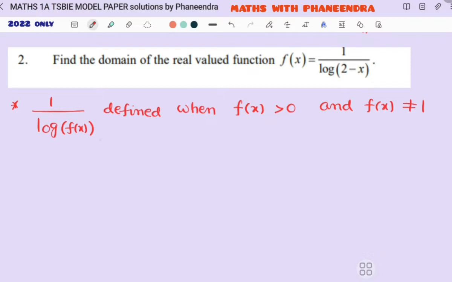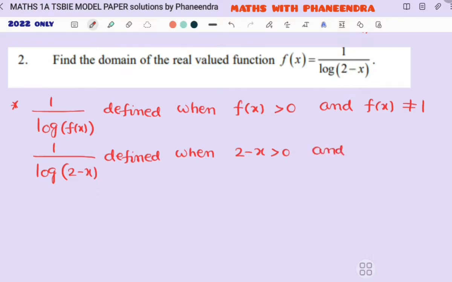Domain means we need to calculate for what values the function is defined. So f of x is greater than 0. Similarly, 1 by log of 2 minus x is defined when f of x value is 2 minus x. Now, 2 minus x is greater than 0 and 2 minus x is not equal to 1.